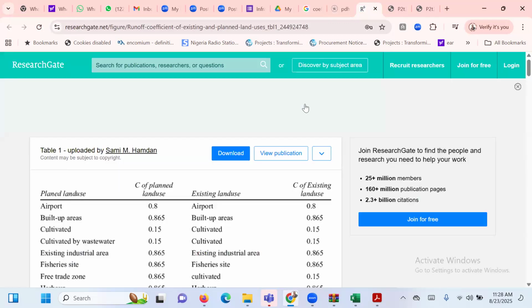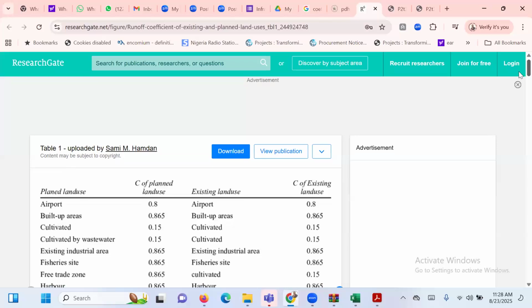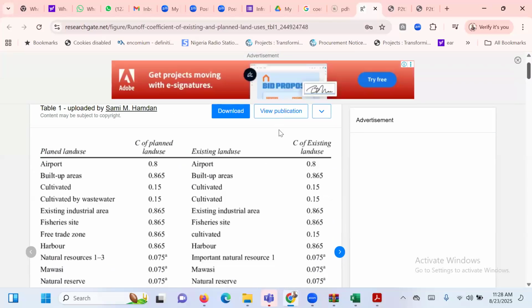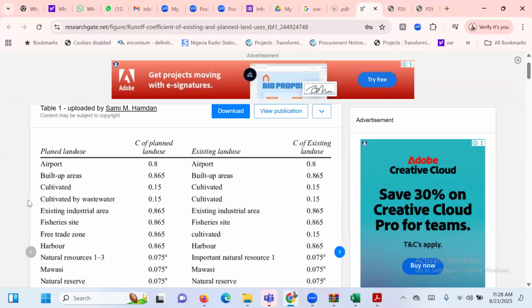This one is university material. Oh, look at this one. You say airport, airport has a coefficient of 0.8. Built up areas, in this case, is 0.86. Cultivated area is 0.15, and so on and so forth. Let me check which one is the highest. Well, the highest is industrial area.